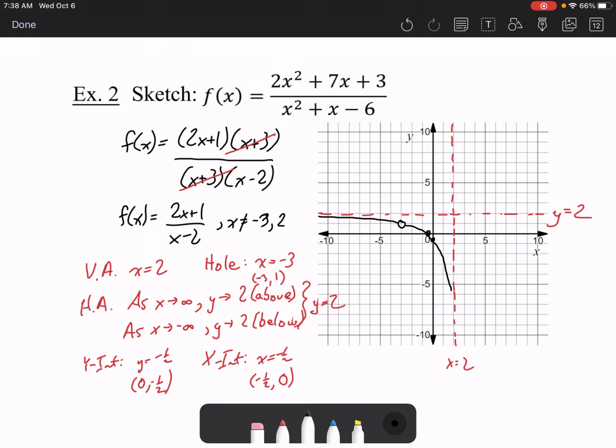Now, because there are no x-intercepts past the value of 2, the only option that could get close to these horizontal and vertical asymptotes must look something like this. And there's a pretty good sketch of f of x.